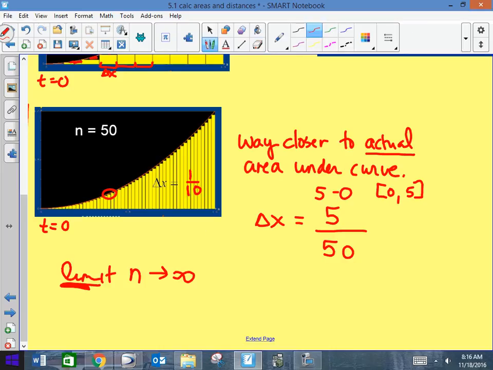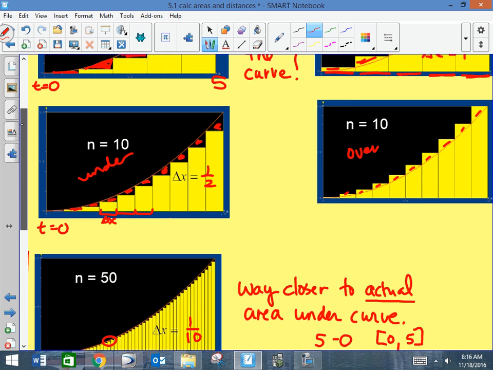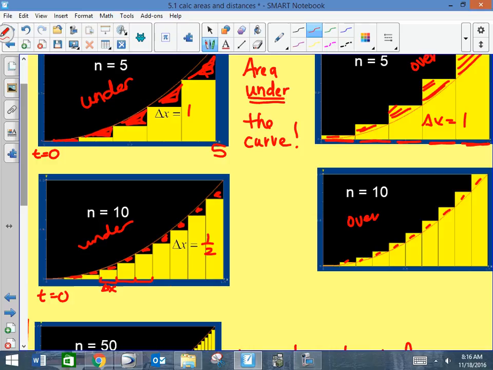Okay, let's think about how we would find this. This would be very tedious, but let's think about how we would find the area of all these little rectangles. We'd take 1/10 times, actually, let's not start with this one. Let's do this one, because it would be a lot easier to represent. All right, so our change in x, or our width of our rectangle, is 1, right?